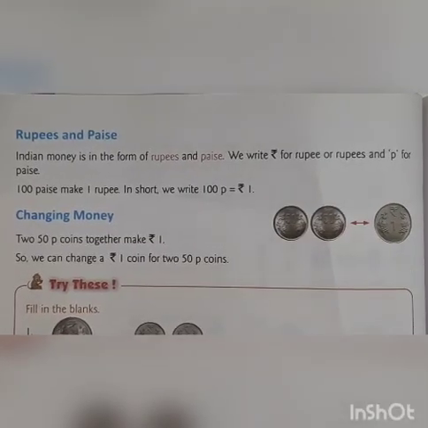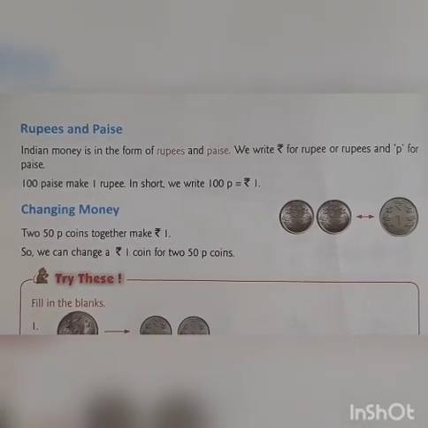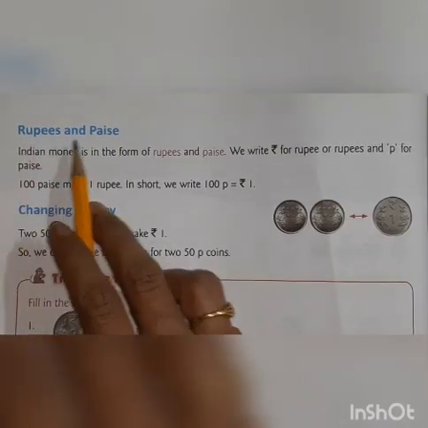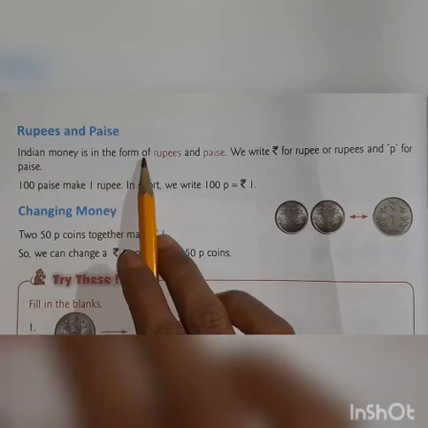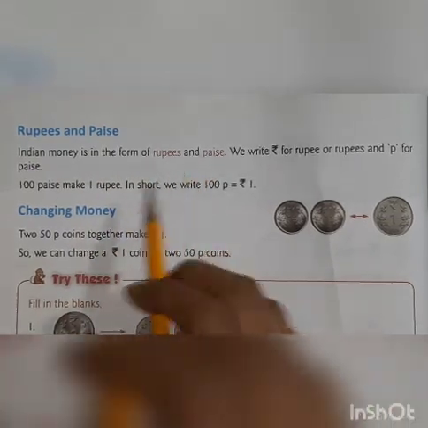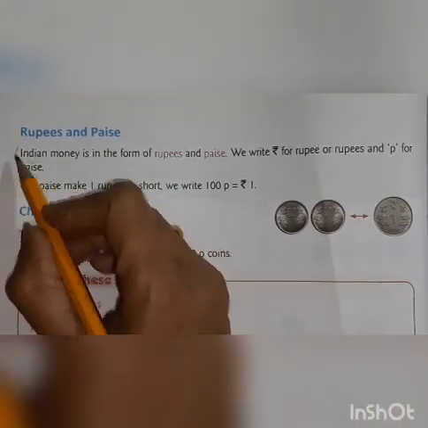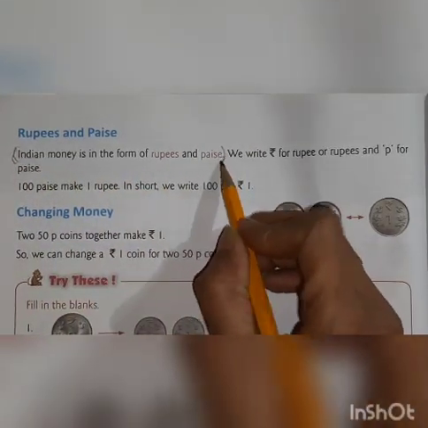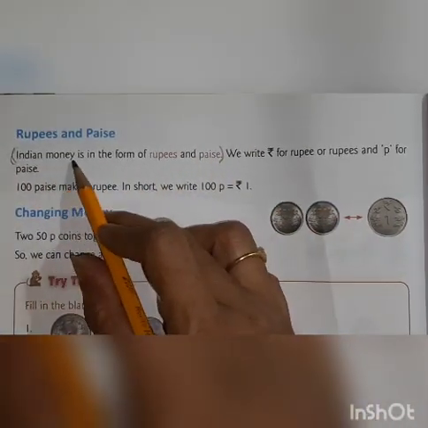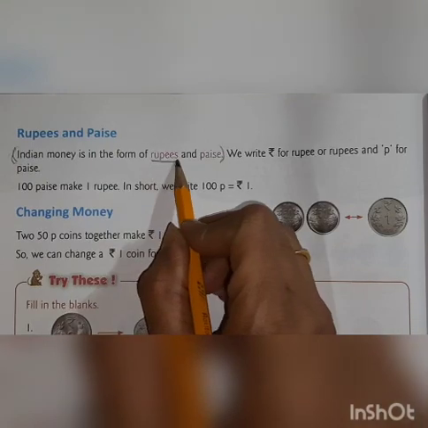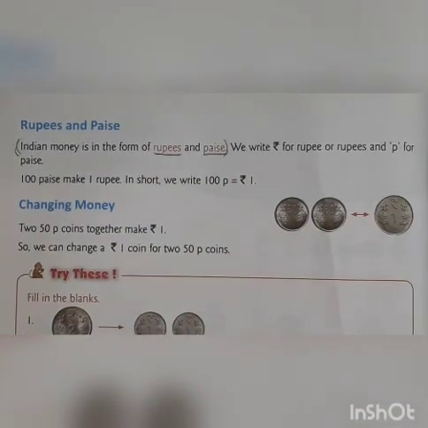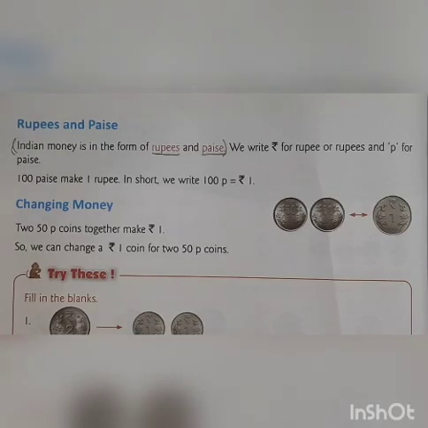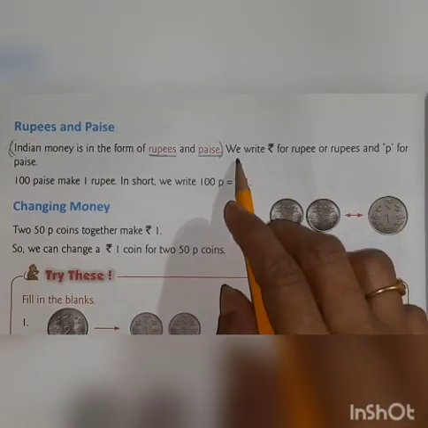Now we are familiar with rupees and paise. Now we'll see what rupees and paise are. Indian money is in the form of rupees and paise. So here you can bracket it. Many other countries use different names for the currency.